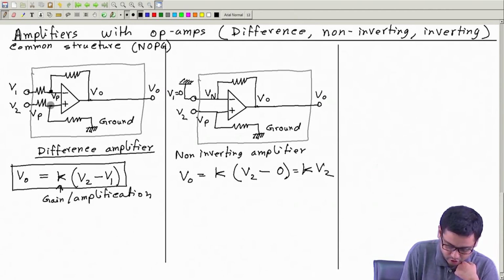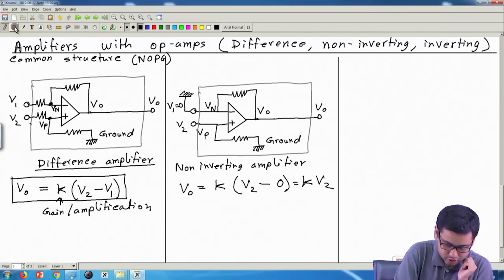This point, sorry, this is Vn, and this is Vp. Here also let me put these resistances first.